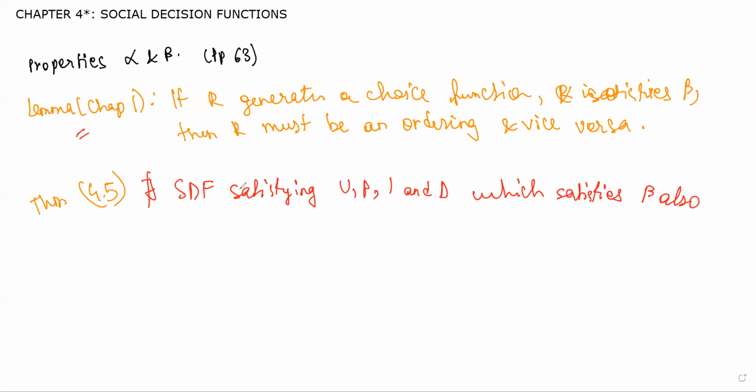And we know already that an SWF cannot satisfy these properties, which is Arrow's impossibility theorem. So in a way, we are again back to square one, although we have shown that a weakening of certain conditions gives us social decision functions which satisfy the Arrowian conditions, right? Thank you very much. See you in the next video.